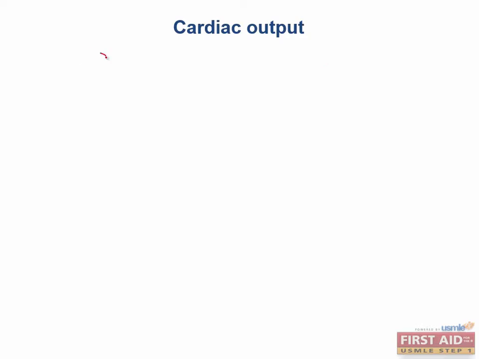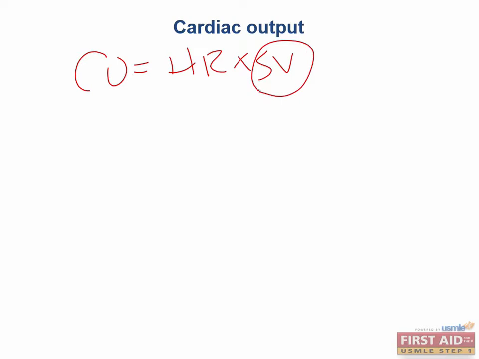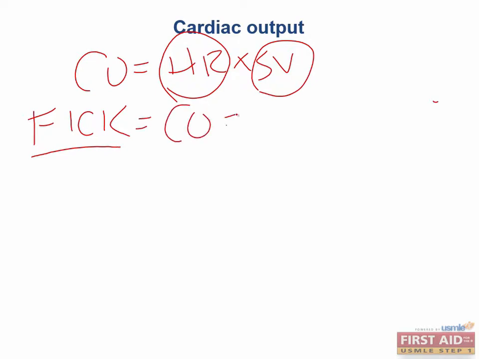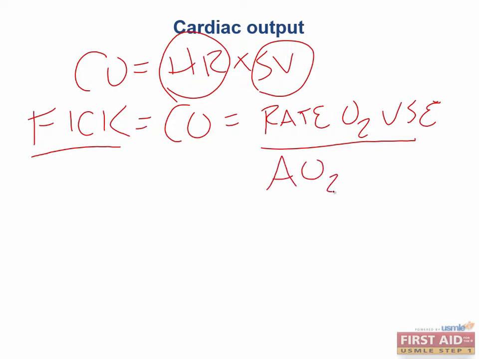Now first what I want to talk about is that cardiac output equals heart rate times the stroke volume. This just tells us that the heart can pump out a given volume of blood, which is stroke volume, in a given amount of time, which is heart rate. Fick principle is another way to calculate cardiac output, which tells us that cardiac output equals the rate of oxygen being used divided by the arterial oxygen concentration minus the venous oxygen concentration.